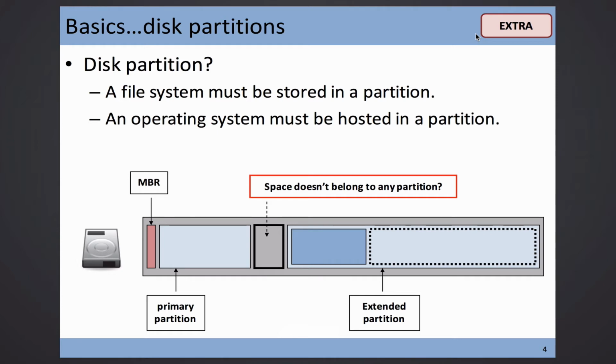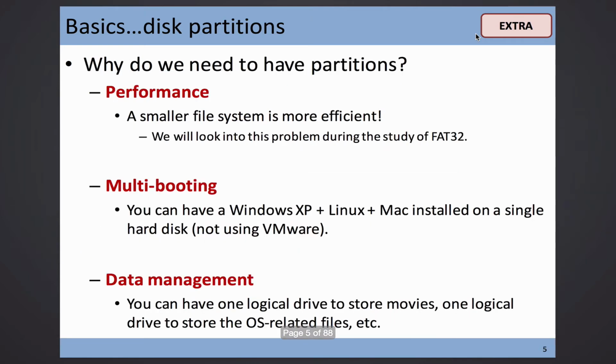Okay, so this is the layout. Usually, because of performance, there is a cascade of performance. Most of you are doing data management, putting data somewhere. Some even partition so that you can use Boot Camp or other things.